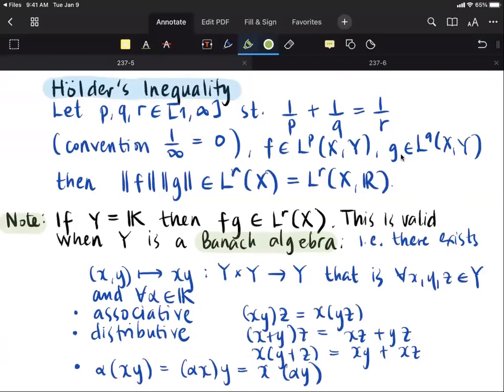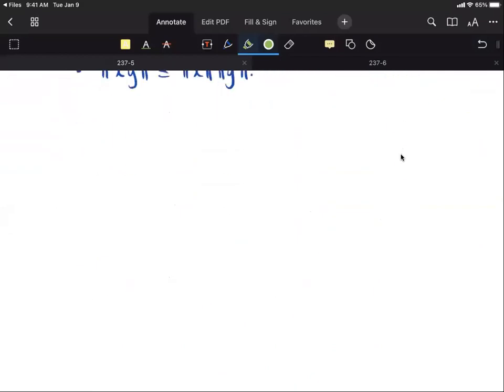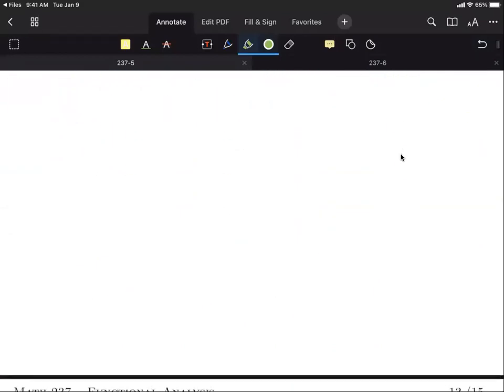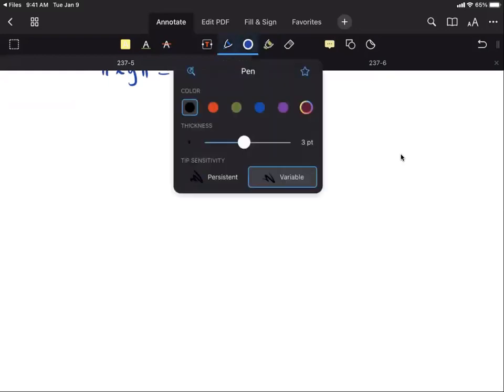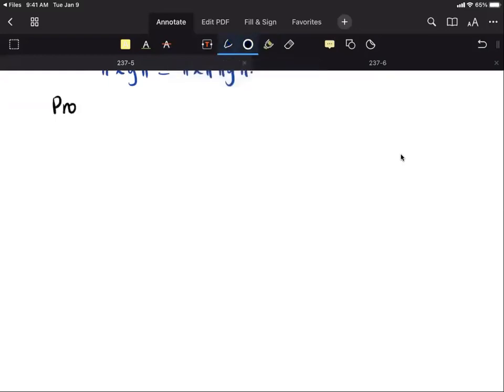So for completeness, and for the sake of the others who are not familiar with the proof, let us take a look at the proof. So this is the proof of the Holder inequality.